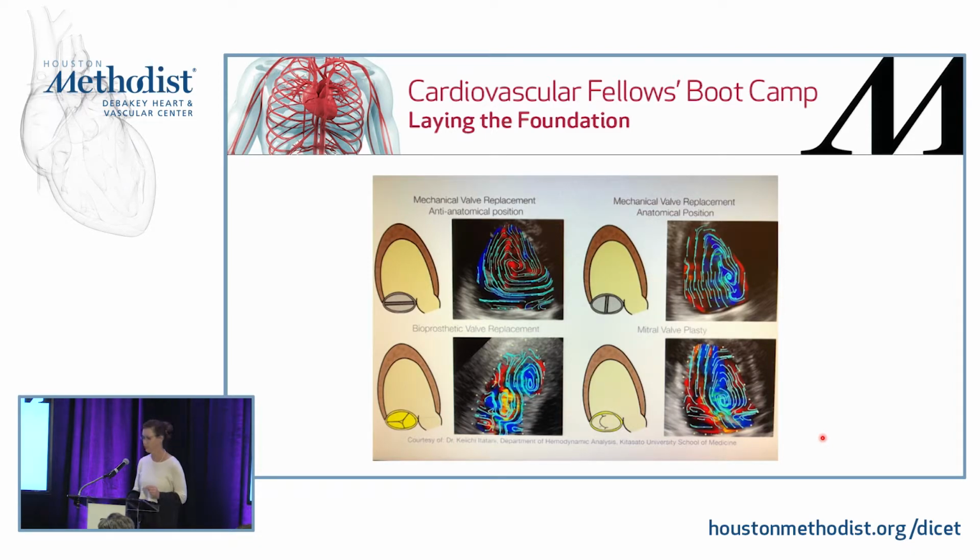So, just about the vortex formation for patients who have prostheses in their mitral annulus, you can tell that all sorts of weird things happen between patients who have a porcine bioprosthesis or any kind of bioprosthesis, or mechanical valve replacement in the anti-anatomic or anatomical position, and the only way you can try to maintain normal flow dynamics is to actually repair the valve.